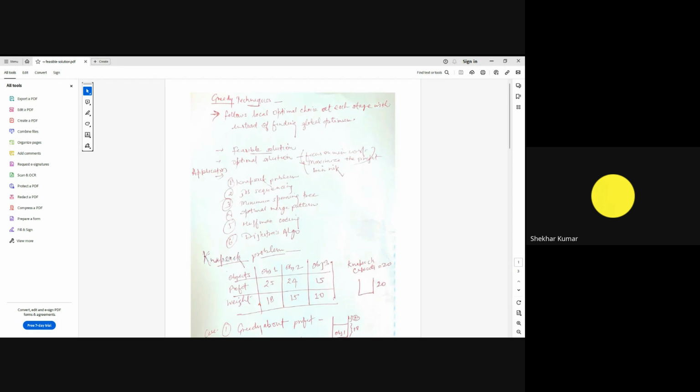So this could be the best approach to select the best candidate among a group of students. This approach is called the greedy approach, greedy technique.